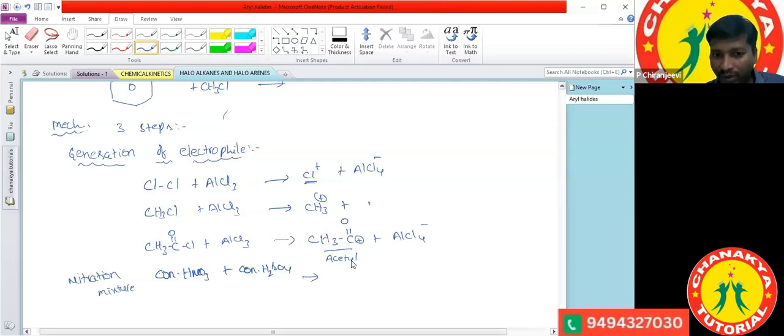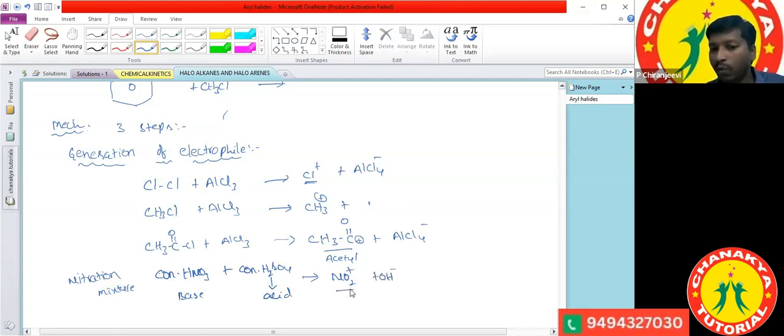Now in this one I'll give the clarity. Sulfuric acid acts as an acid and HNO3 acts as a base. How do we say nitric acid acts as a base? Here, NO2 plus is the electrophile and OH minus is the nucleophile.